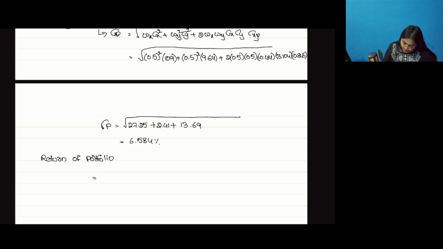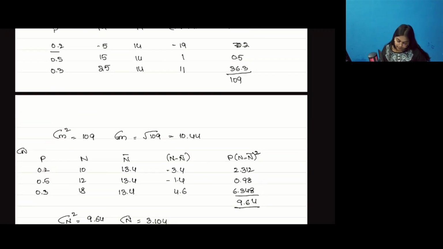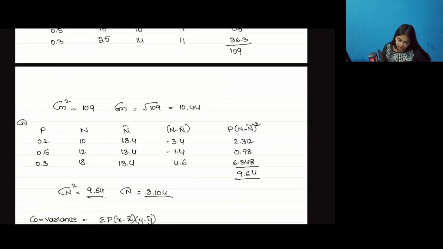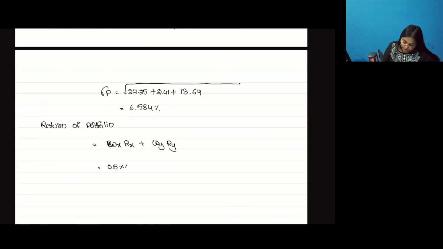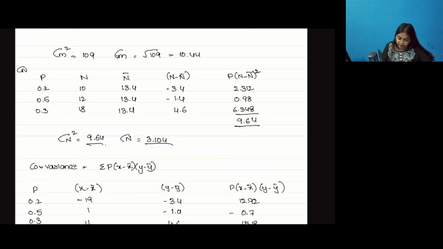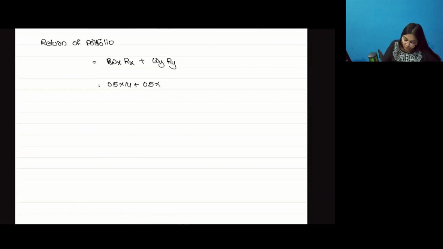And then return of portfolio equals weight of x into return of x plus weight of y into return of y, equals 0.5 into return of x, it is 14, plus 0.5 into return of y, that is 13.4.